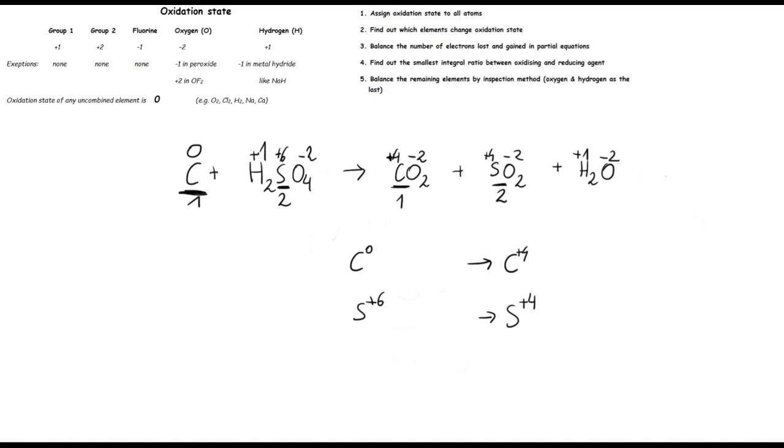And now we need to balance the number of electrons lost and gained. Which one lost and which one gained electrons? Electrons have a negative charge, so to move from state 0 to +4, the atom needs to lose electrons, so -4 electrons. And to move from oxidation state +6 to +4, we need to gain electrons, only 2.